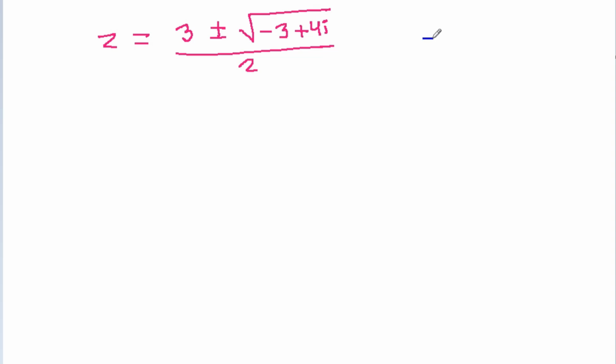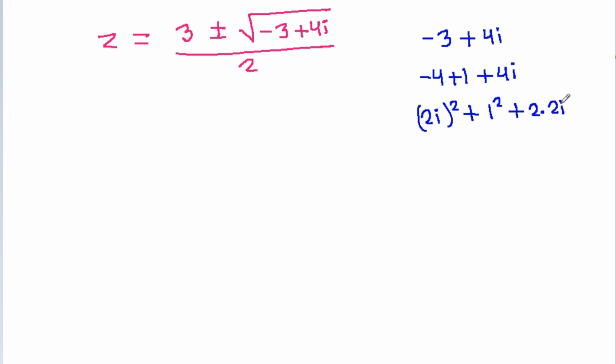And minus 3 plus 4 iota is minus 4 plus 1 plus 4 iota, and minus 4 is 2 iota square, plus 1 is 1 square plus 4 iota is 2 times 2 iota times 1.